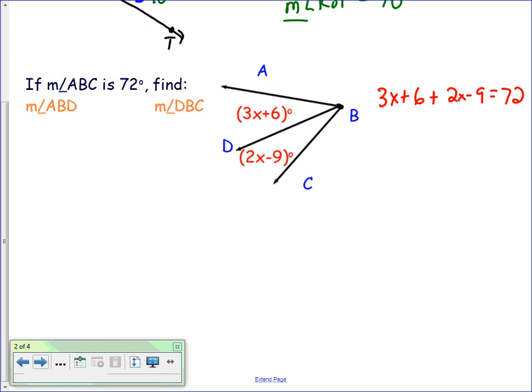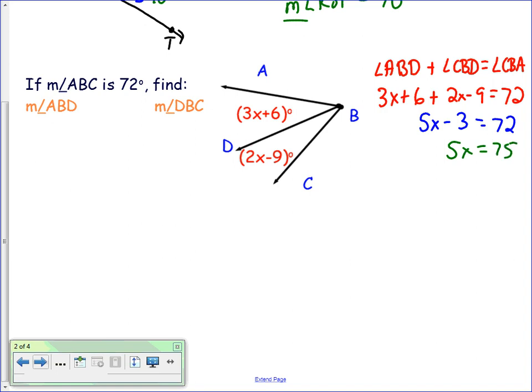And you could say that angle ABD plus angle CBD equals angle CBA, and then start from there and solve. So we're going to combine like terms, and we find that x equals 15.